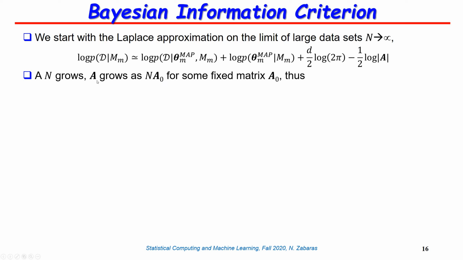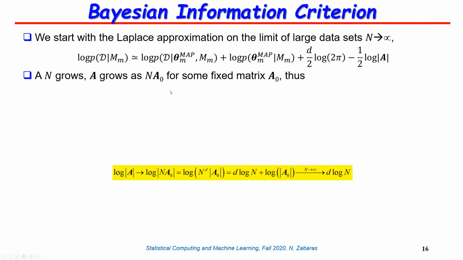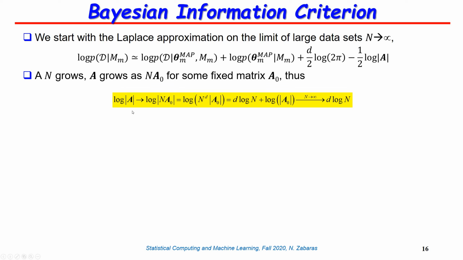So if you use this approximation inside the log of the determinant of A, effectively you're going to get log of n to a power d, where d is the dimensionality of the problem, how many parameters I have in my model, times the determinant of A0. You can write this as d log n plus log of A0, so as n goes to infinity, this becomes d log n.